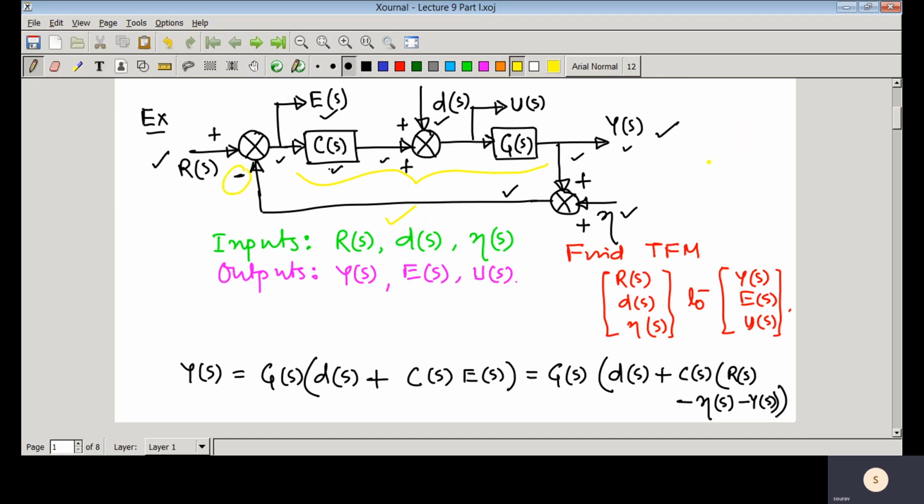So the transfer function is GsCs divided by 1 plus GsCs. So that is actually Ys divided by Rs. Just by looking at the block diagram, directly you can write the transfer function.